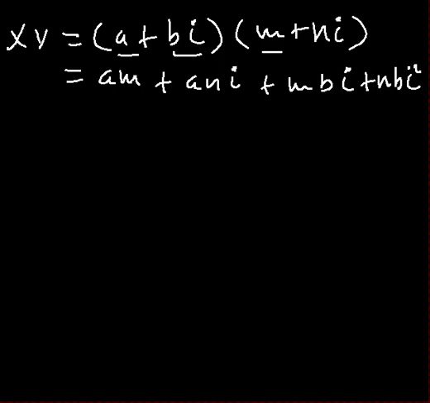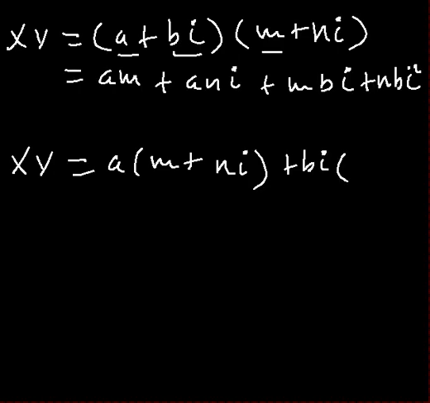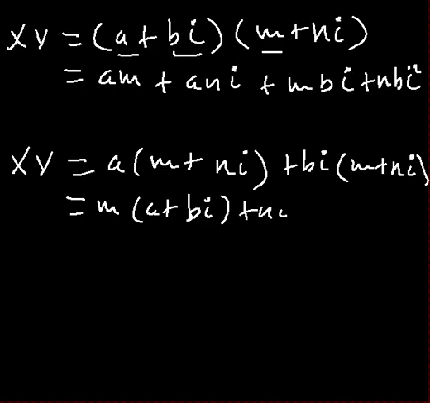You have this typical beautiful technique, and thus xy is given as a times m plus ni, plus bi times m plus ni. Or else you can have it the same way, as m times a plus bi, plus ni times a plus bi.